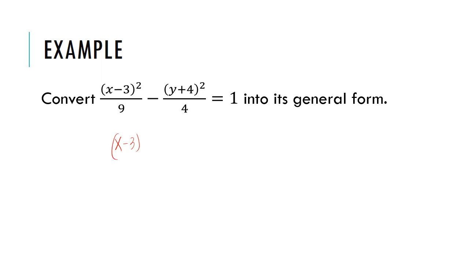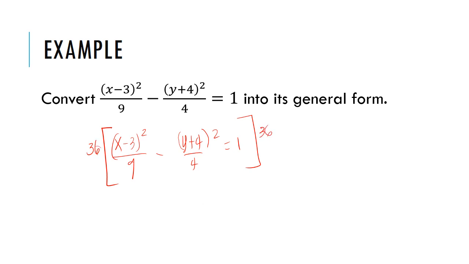So we have (x minus 3) squared all over 9 minus (y plus 4) squared all over 4 equals 1. To eliminate the denominator, the least common multiple of 9 and 4 is 36. So I am going to multiply both sides of the equation by 36.